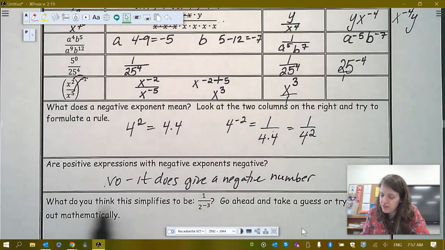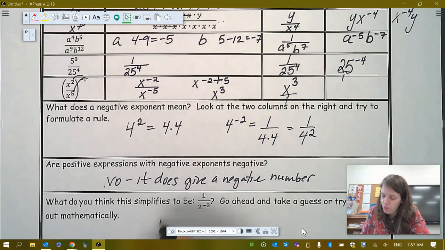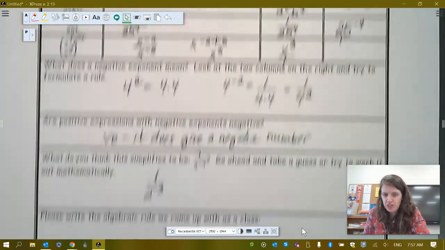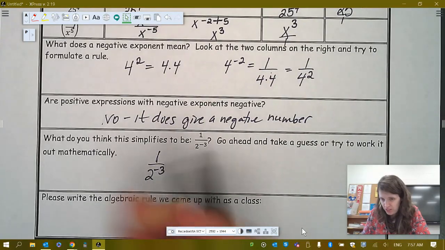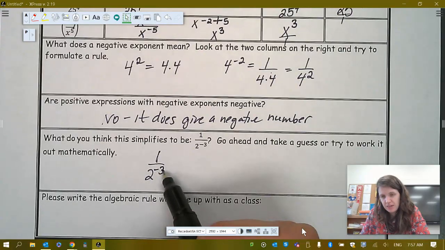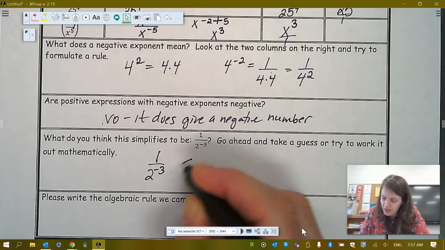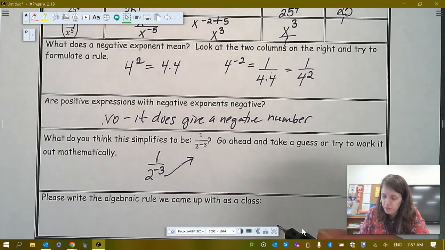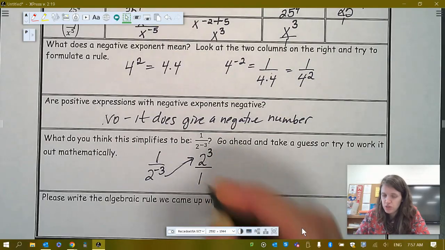So what do you think this simplifies to be? Okay, so 1 over 2 to the negative third. What do you think is going to happen if the negative is actually on the bottom of the fraction? Well, again, this is saying that we are already a division. And so what's the opposite of this? Think about negative as meaning the opposite. The opposite of that is going to be if I moved my term with my exponent back up to the top and I got 2 to the third.